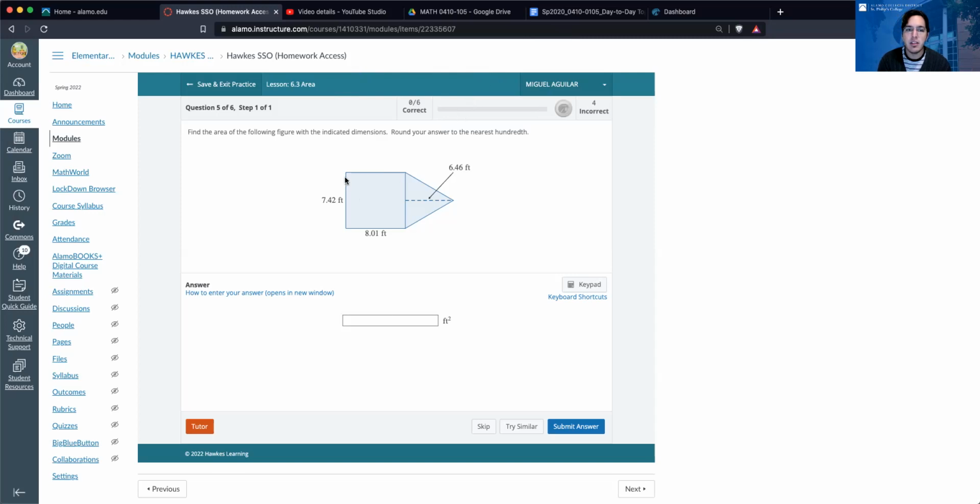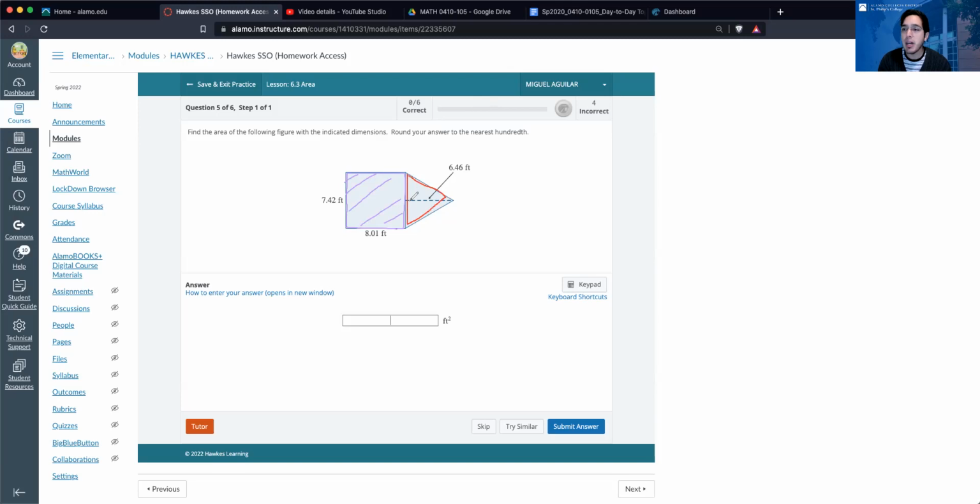And so you might have realized that this part, even though it looks like a square, the dimensions are not the same on each side, right? So this part is a rectangle because the length and the width are not the same. Okay. And then this part over here is a triangle.